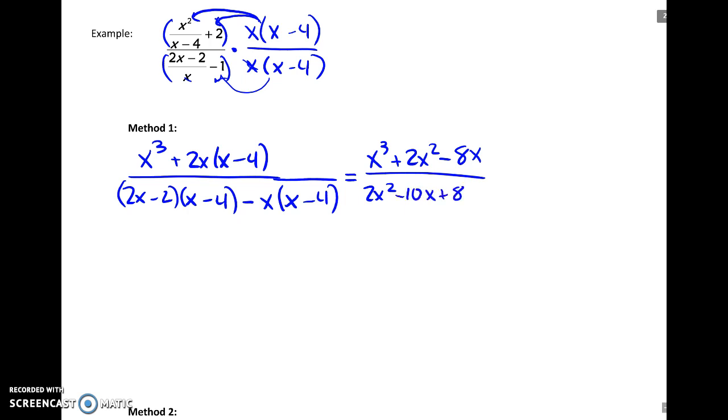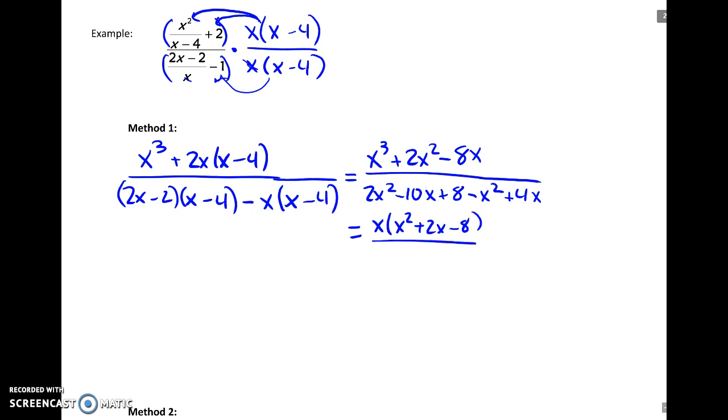Distribute that negative x to both of those, so you have minus x squared plus 4x. Okay, so I can still do some combining like terms, some factoring out common factors, and factoring like we know how to factor. Okay, so I'm going to factor out the x right here. X times x squared plus 2x minus 8.